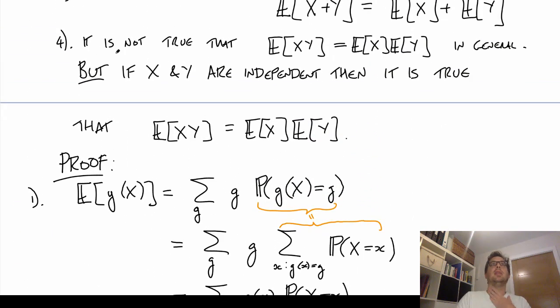Right. So the next, it's not true in general that E of X times Y is equal to E of X times E of Y. Okay? So let's see that.